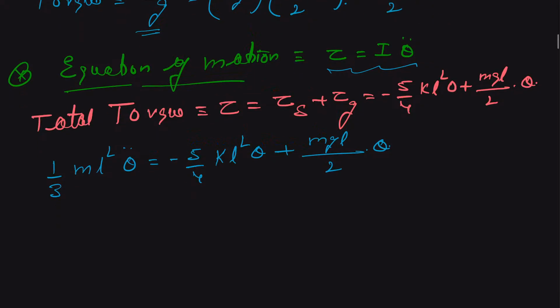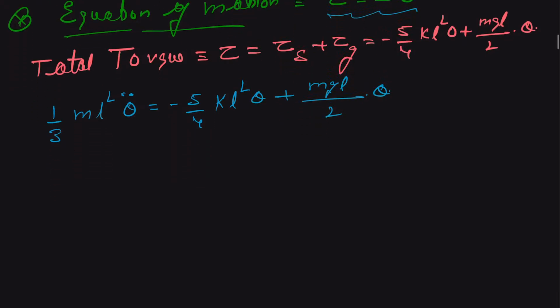So obviously we are interested in this double derivative of theta. Therefore we can cancel out our length. So this goes square and here the length goes, and the rest of the things we can keep as it is.